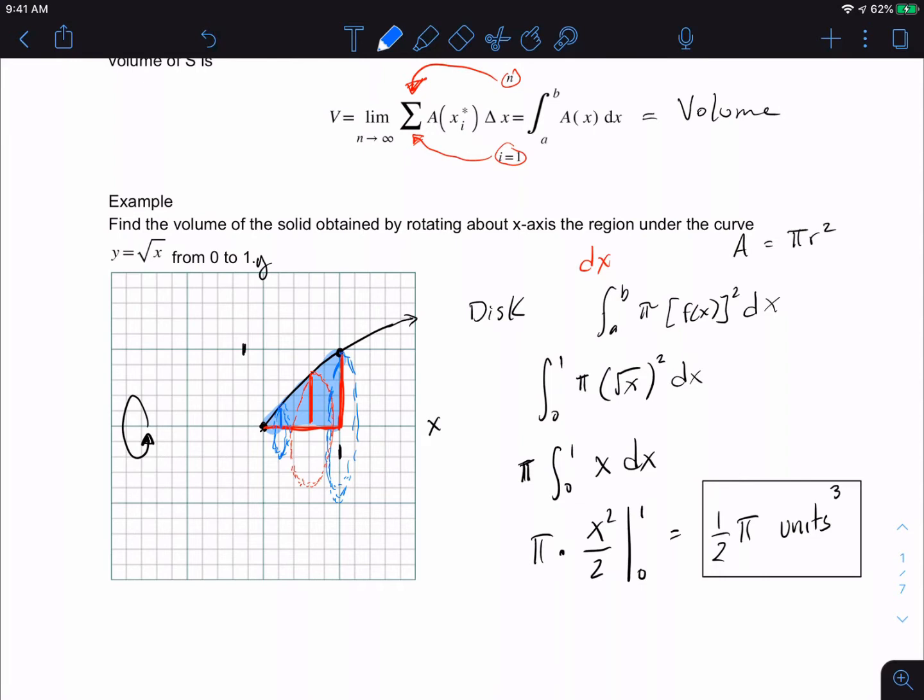And then we end up with a volume, right? And we end up seeing that the area between 0 to 1 ends up being this solid structure. But each one of the cross-sectional slices is forming a disc, hence the name for this thing.